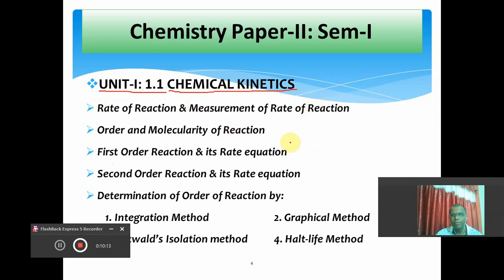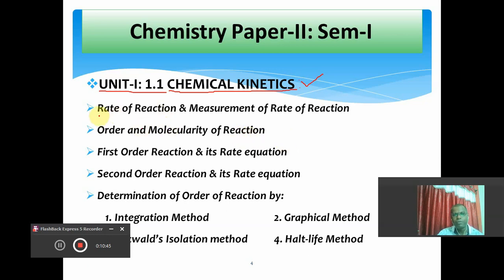I am totally aware that this topic is also included in your 11th and 12th syllabus. So the most important thing is that it is a familiar topic to you all, and based upon the topic given in your 11th and 12th, we are going to study the same concepts and some extended part of chemical kinetics. What we are going to study in this unit is important for us.